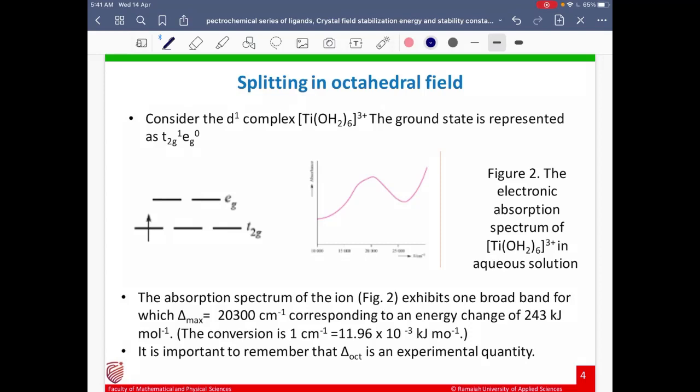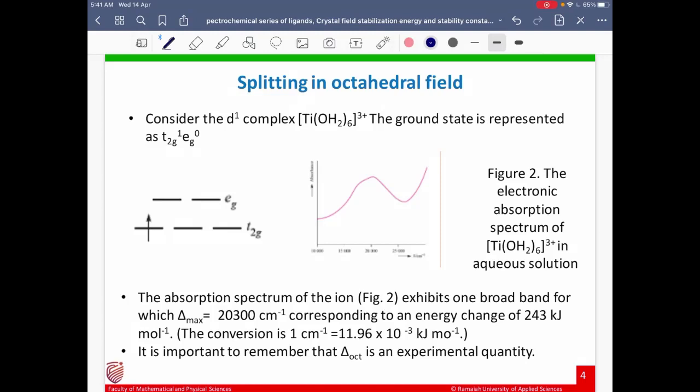Next topic is splitting in octahedral field. Consider a d1 complex, titanium hexaaqua 3 plus, [Ti(OH2)6]3+. Why do we call it a d1 complex? Because titanium in this oxidation state has only one electron in its d orbital.